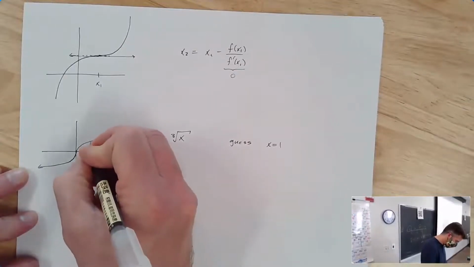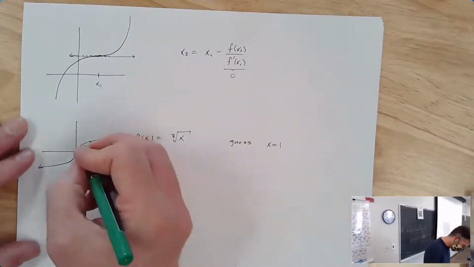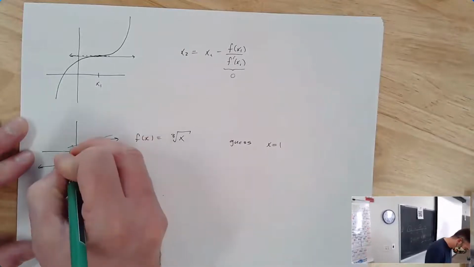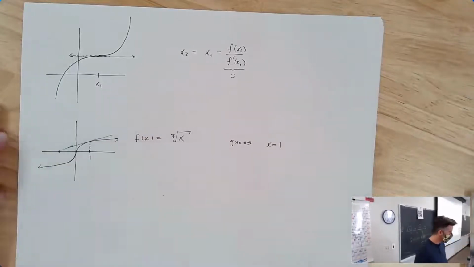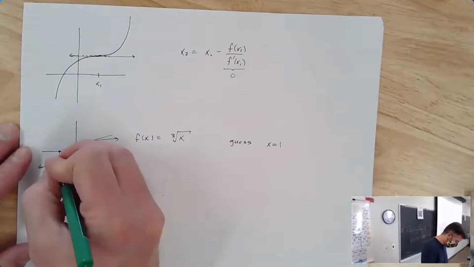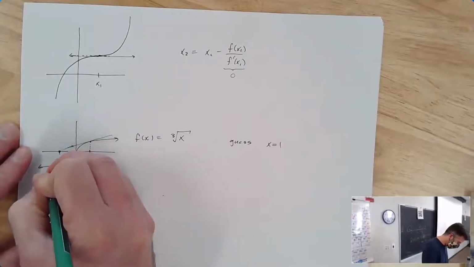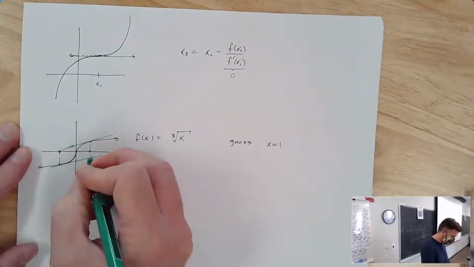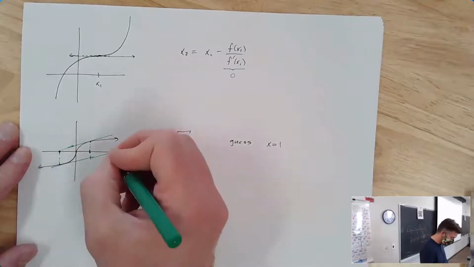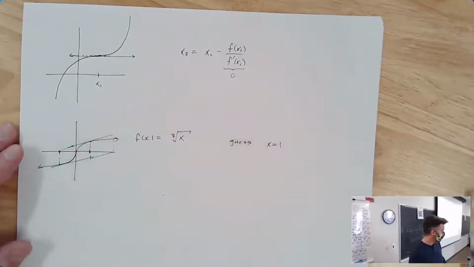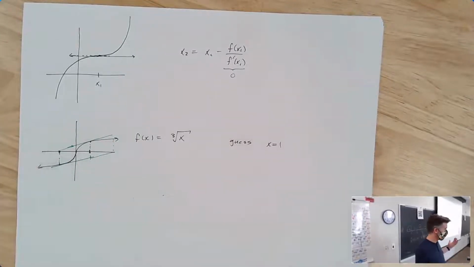We're going to go up to the function, draw a tangent line, and end up somewhere over here. And then we're going to go down to the function and draw a tangent line. You might end up back at the point you were, or you might end up further away. But this is either putting us in a loop or in an outwardly going spiral where we're not getting closer and closer to the solution.